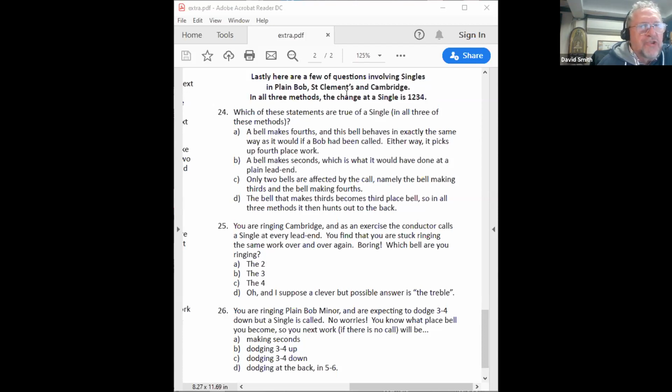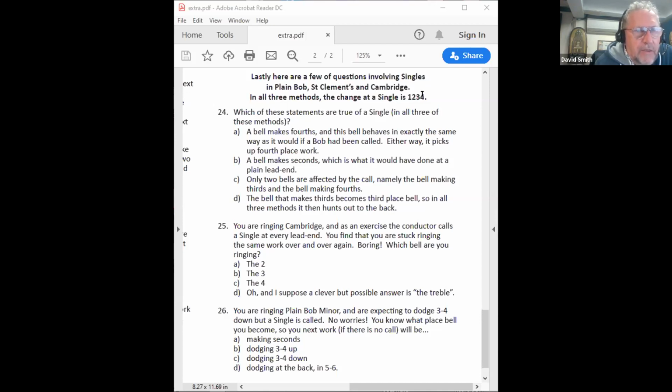And you remember the change, that's the number at the left on those diagrams, tells you which bells stay put. So this means the bell in first position, not bell number 1 necessarily, but the bell that's leading, and the bell in second, and the bell in third position, and the bell in fourth position all stay where they are. So the change is those bells don't move, they make places.